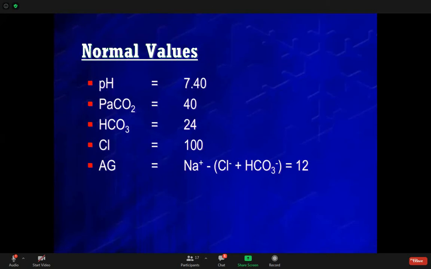Usually there's a range from 7.35 to 7.45, but for the practice of acid-base disorder, we're going to make it 7.4. Also, PaCO2 is 40, bicarb is 24, and chloride is 100.